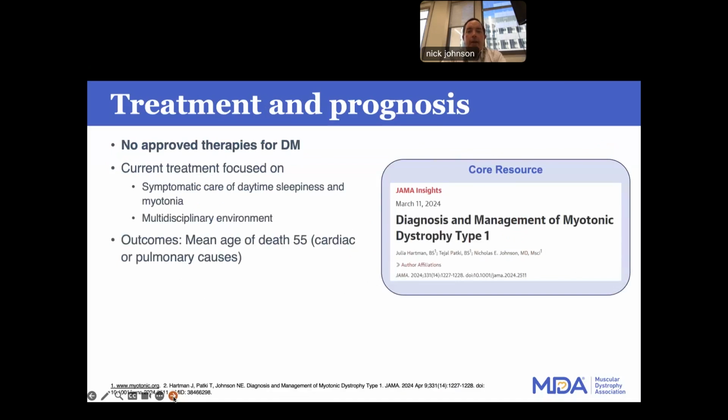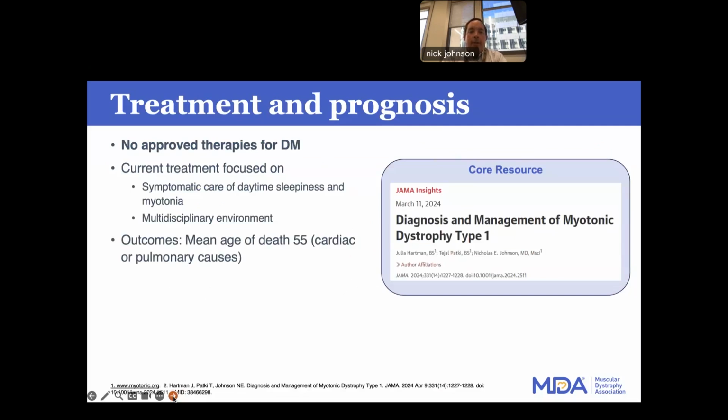So there are currently, however, no approved therapies for myotonic dystrophy type 1 or type 2. And right now, the current treatment is focused on symptomatic care of daytime sleepiness and myotonia, often using medicines like modafinil for daytime sleepiness and mexiletine for myotonia.